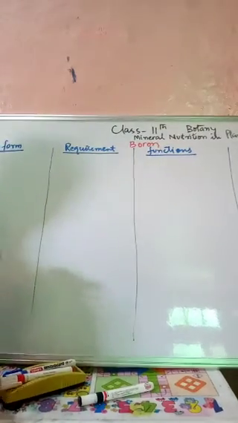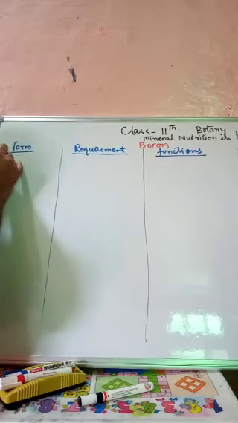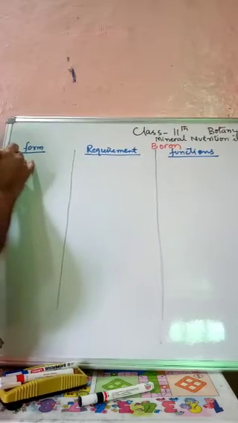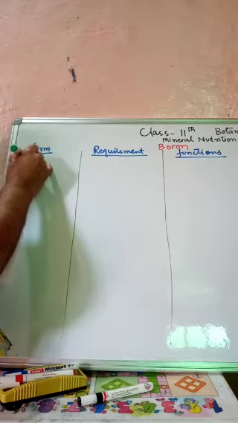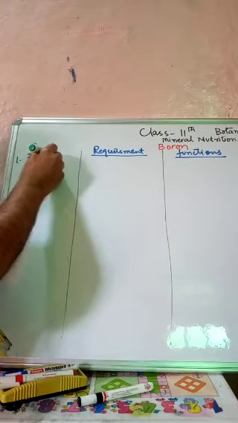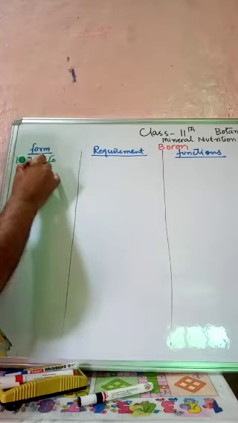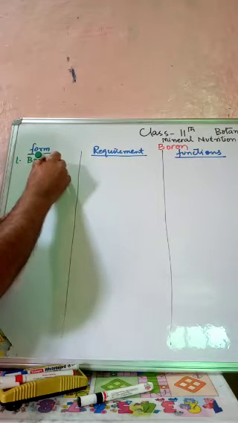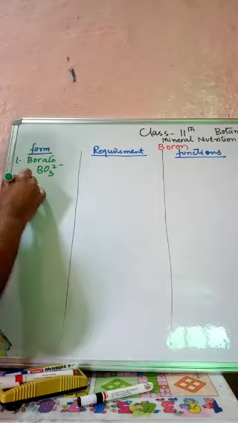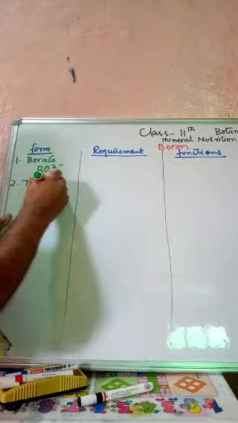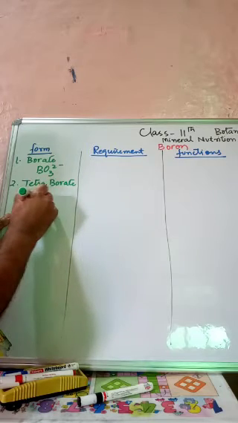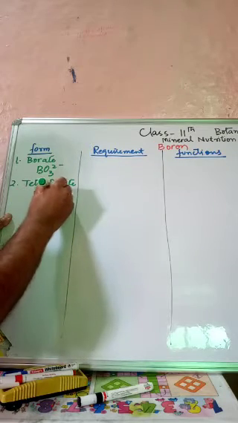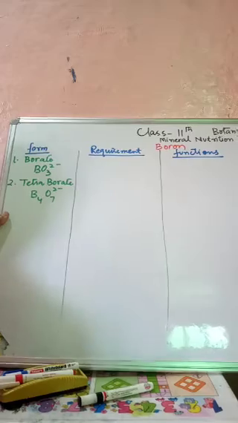it is taken up by the plant in ionic form. The first one is called borate, and the second one is the tetraborate, that is B4O7 2 negative.